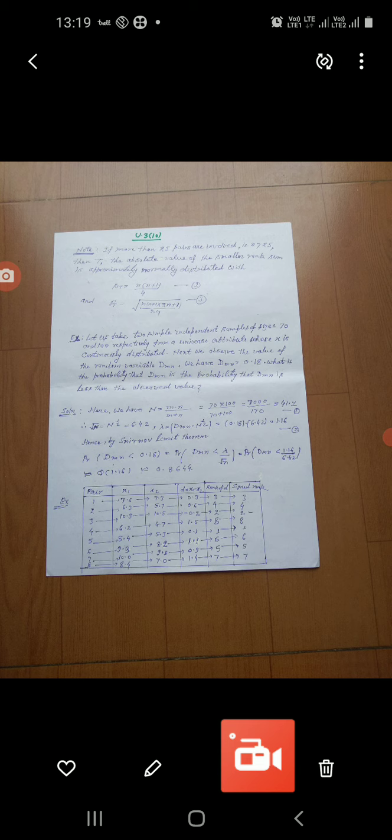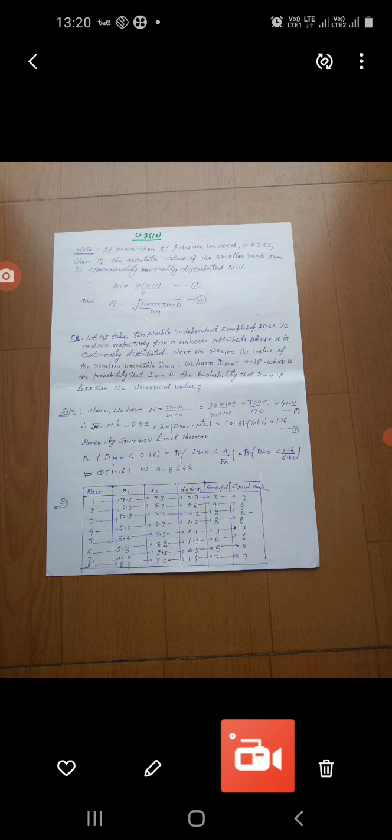Now we find the value of lambda. Lambda is equal to Dmn into N to the power 1 by 2, that is 0.18, which is given in your example, multiplied by 6.42. Thus 0.18 into 6.42 is equal to 1.16. Let it be equation number 2.